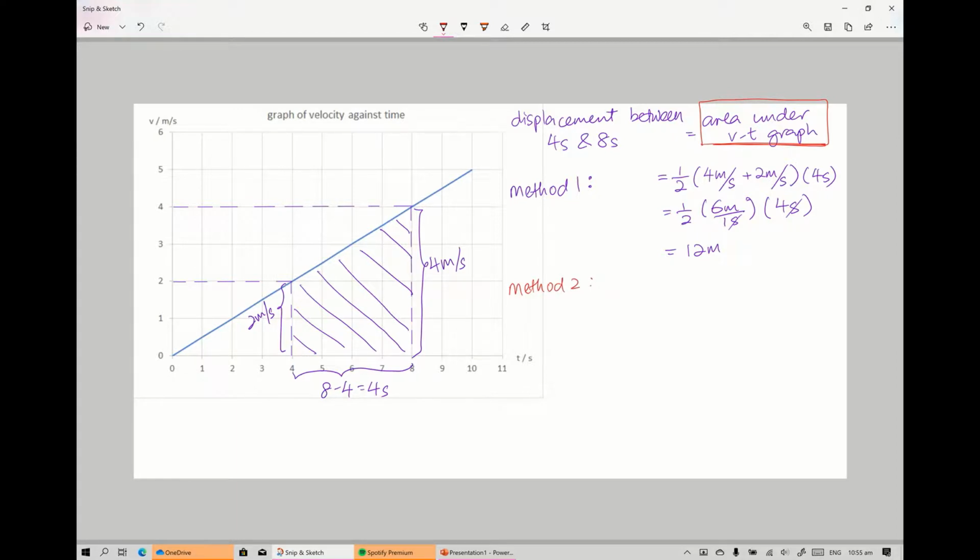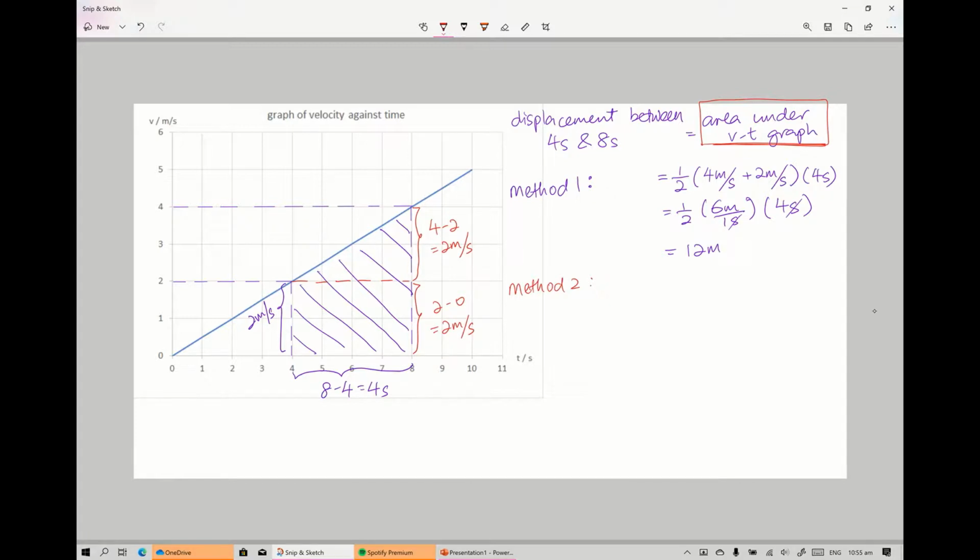At this point, the velocity will have increased from 2 to 4, that gives you 2 meters per second. And the velocity below will be 0 to 2, that gives you 2 meters per second.